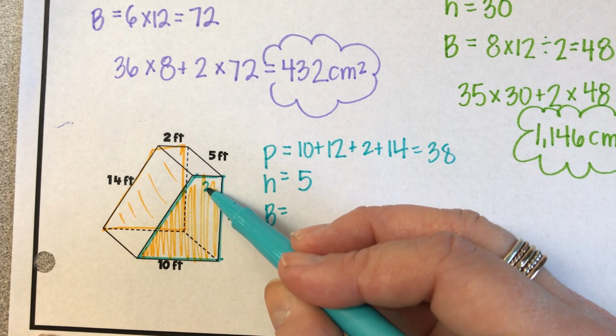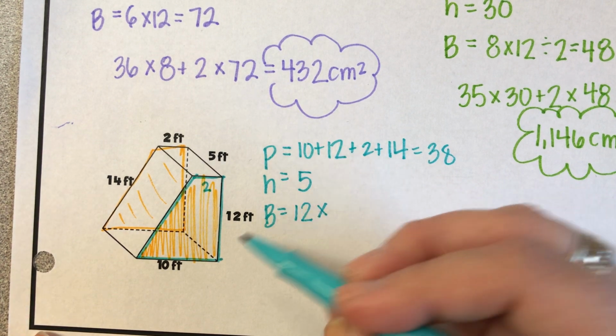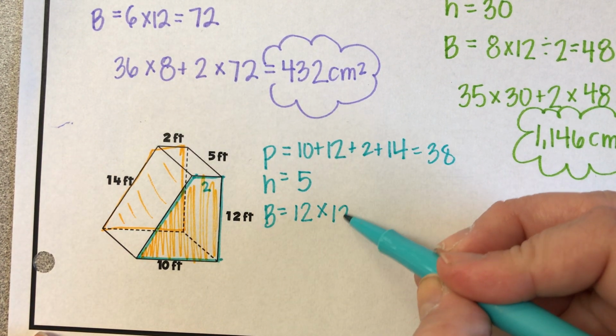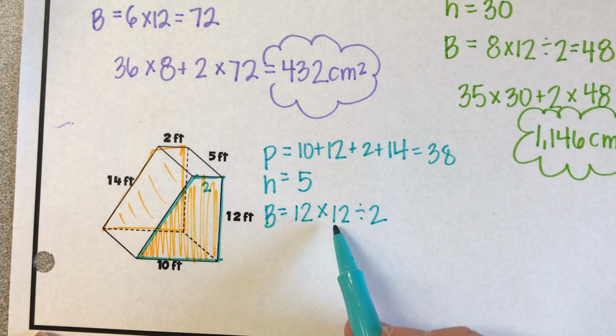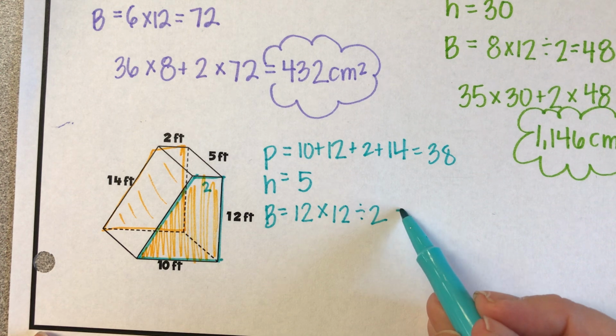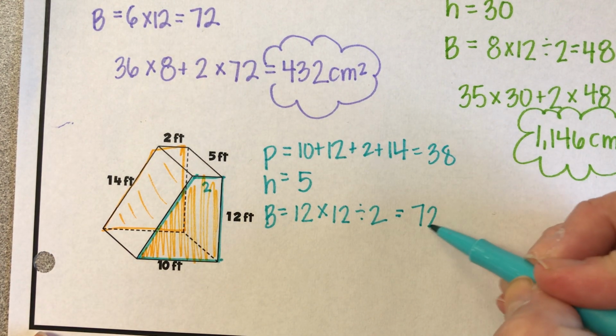So on this trapezoid, the bases together are 12. The height of my trapezoid is actually 12, and then divided by 2. 12 times 12 is 144, divided by 2 is 72.